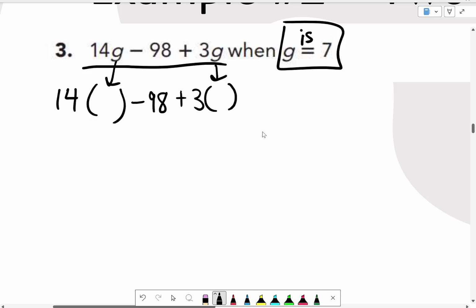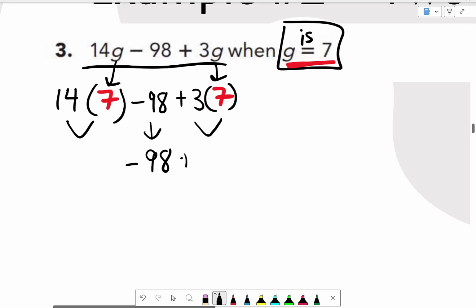Because this one has bigger numbers, I will show you how you can do it on a TI-83. So we are changing the g to 7. Okay, so now this is where you can use a TI-83, or if you want to do it by hand. So I'll do it by hand first, and then afterwards we'll check in the TI-83. So first we have multiplication, and we have multiplication here. This one we're just going to copy below.